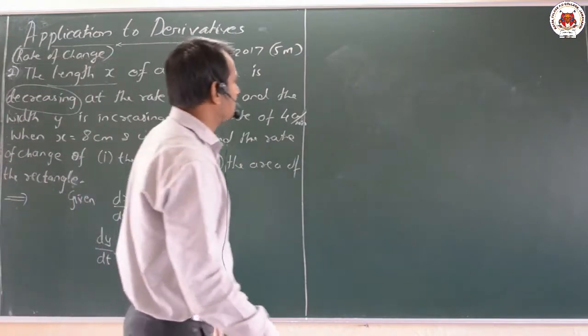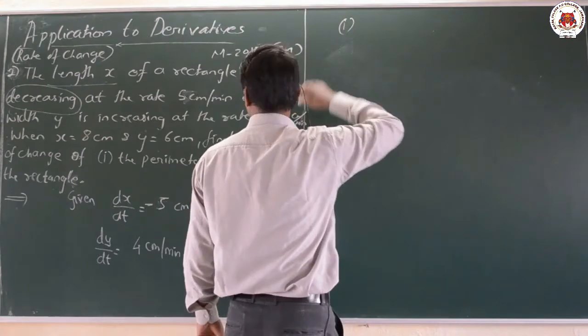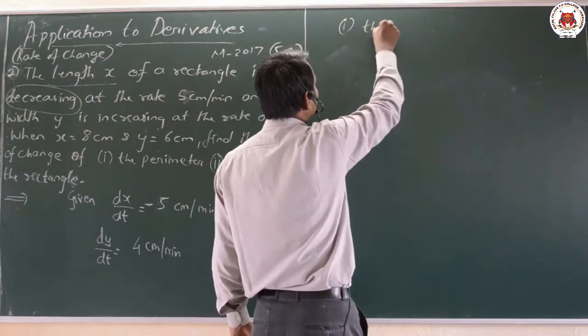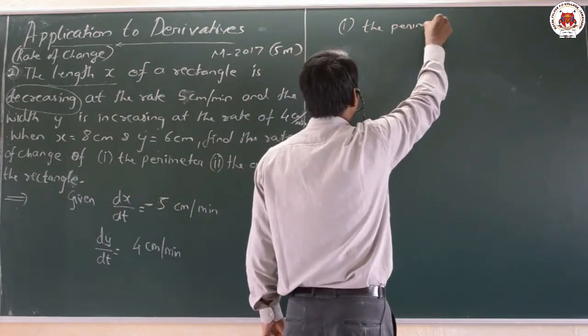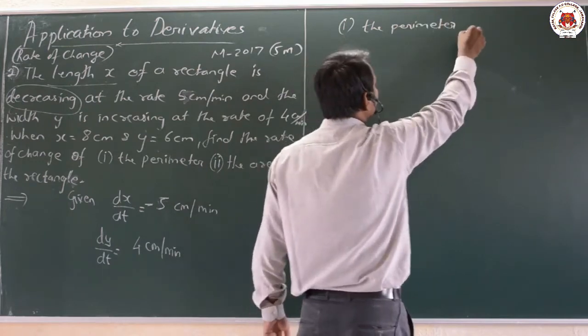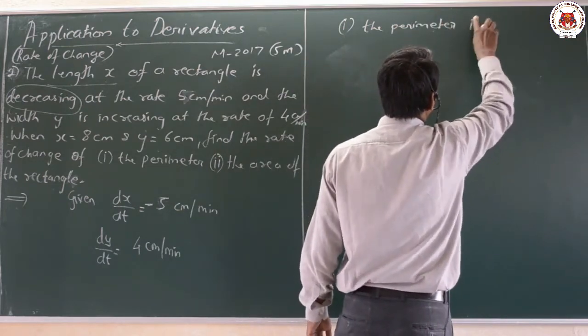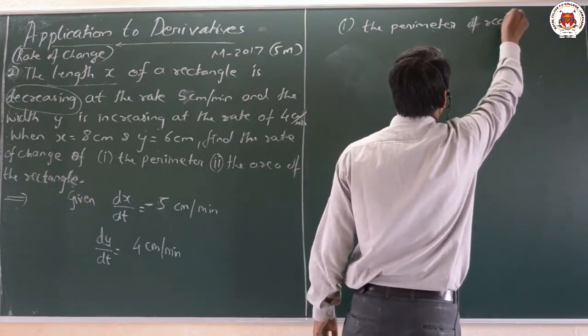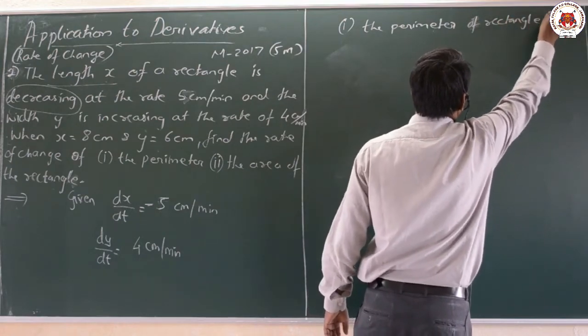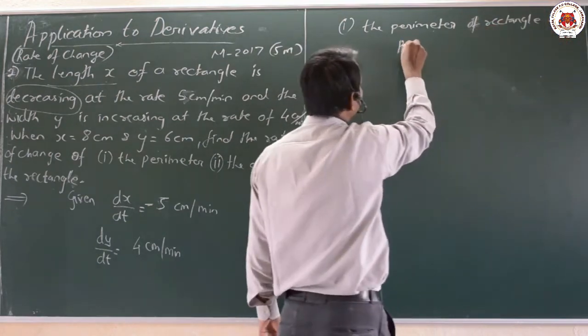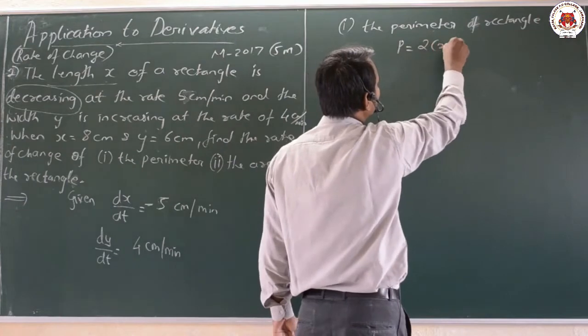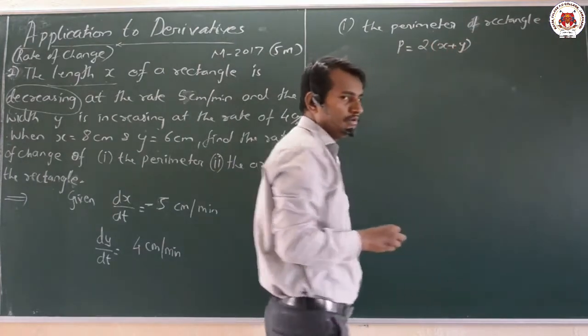So the first point is the perimeter of the rectangle. P, perimeter of rectangle, is equal to 2 into x plus y, that is 2 into length plus width.